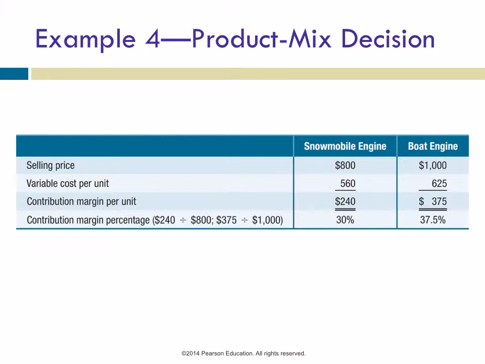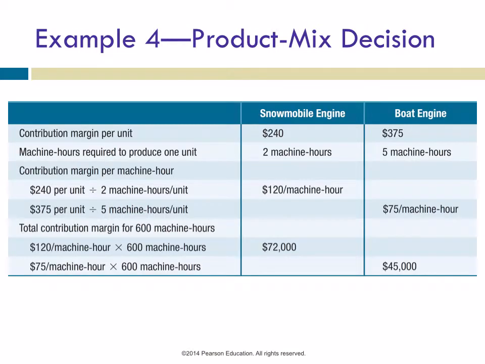Basically, we have the option of producing these snowmobile engines, or we have the option of producing these boat engines. So we have a list of some costs here: selling price, contribution margin as a per unit amount, and also as a percentage.